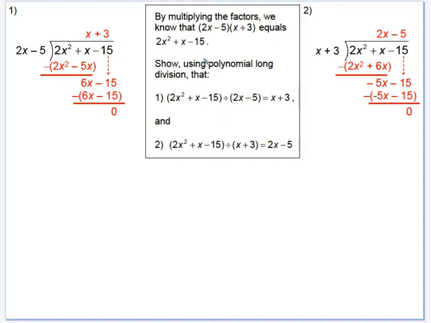So what you're doing here is taking both of the factors, dividing your original polynomial by one factor to get the other factor, and basically switching places and seeing that it works both ways. No matter which factor you start with, it's still going to work.